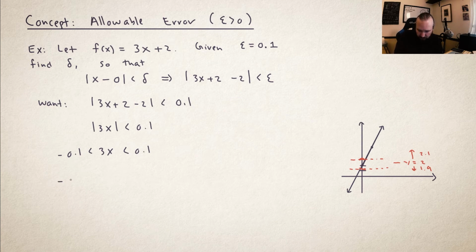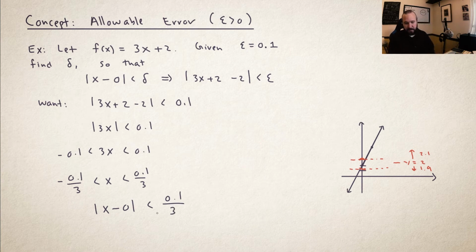So negative 0.1 divided by 3 is less than x is less than 0.1 divided by 3. So that's it. What this means is I need to pick x's that are very close to 0, so close to 0 that they are less than 0.1 divided by 3.